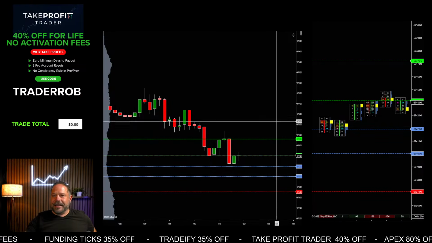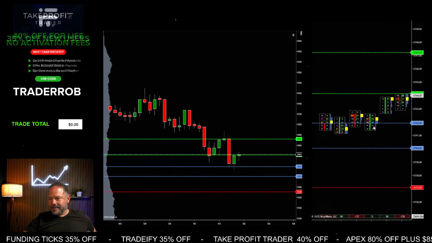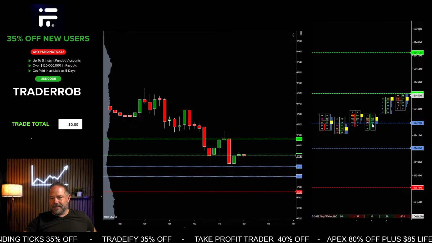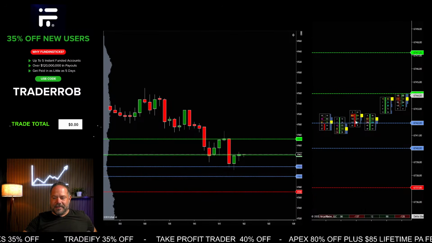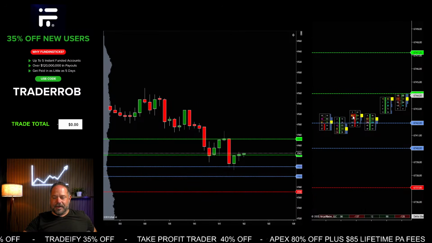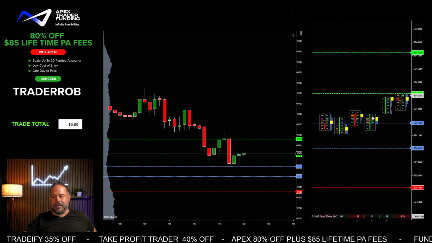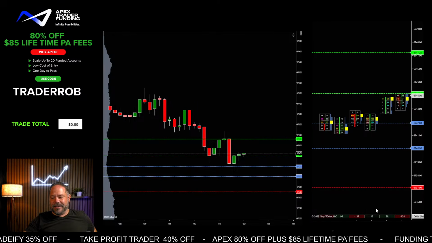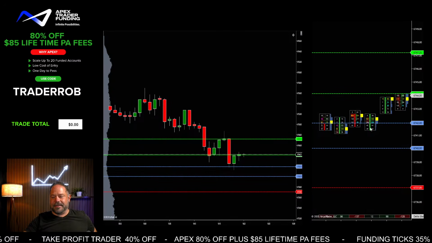Got a little unlucky on, I think it was this candle right here. This down candle absorbed 137 orders, and we were still able to push up green. Closed positive 12, so really close to a negative delta.